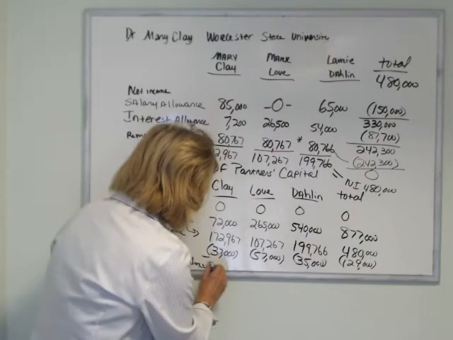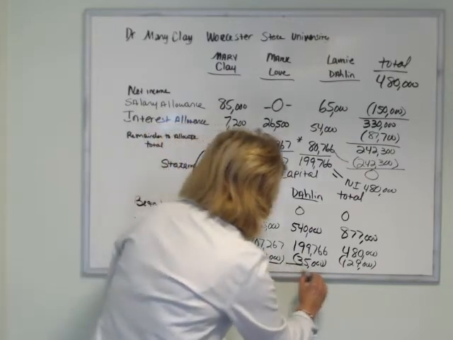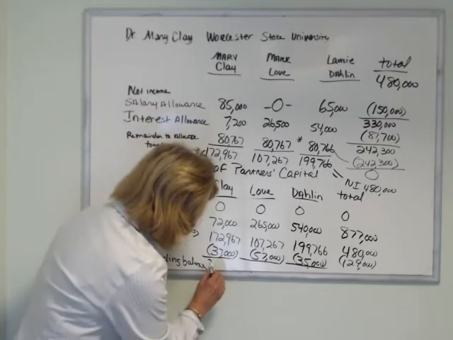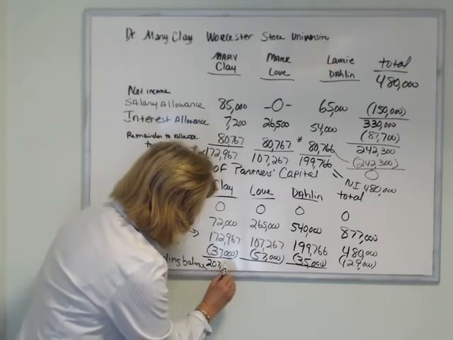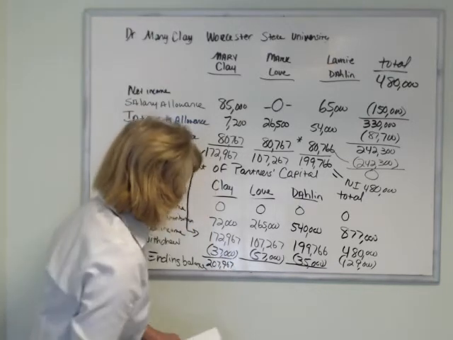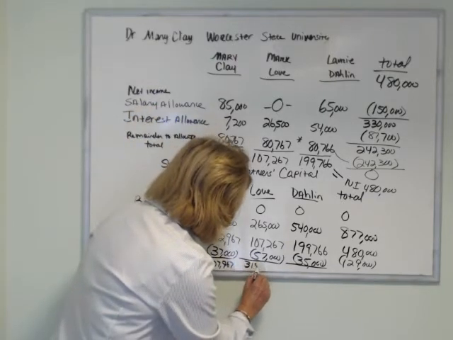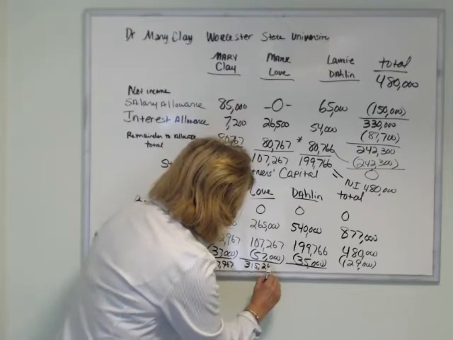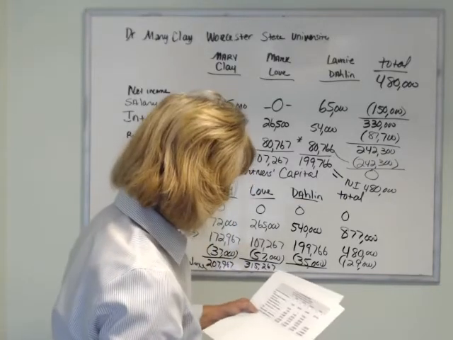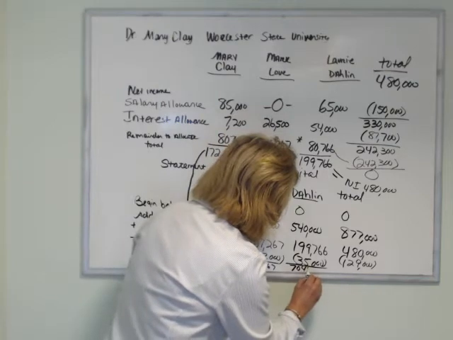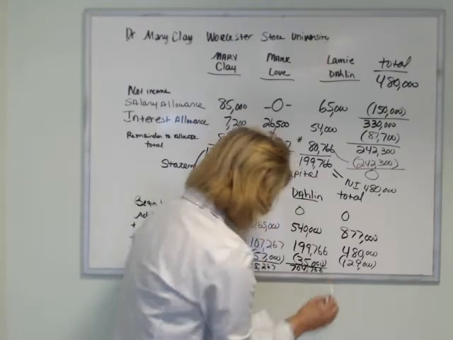All right. Now we're going to total down. These are their final totals. Clay is 207,967. Love is 315,267. Delene is 704,766.